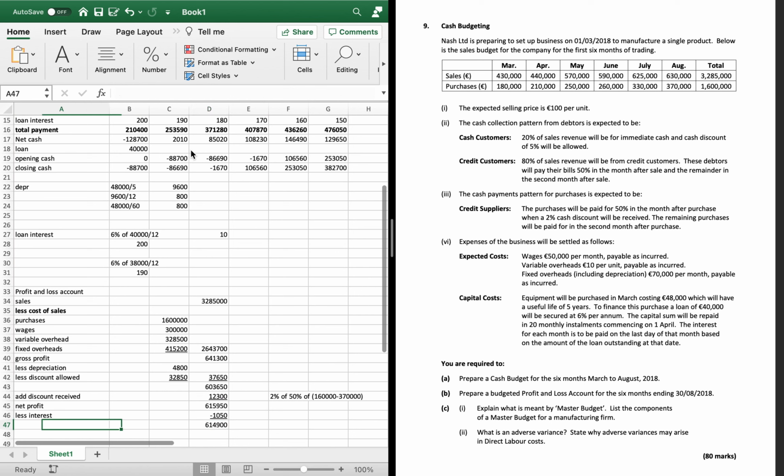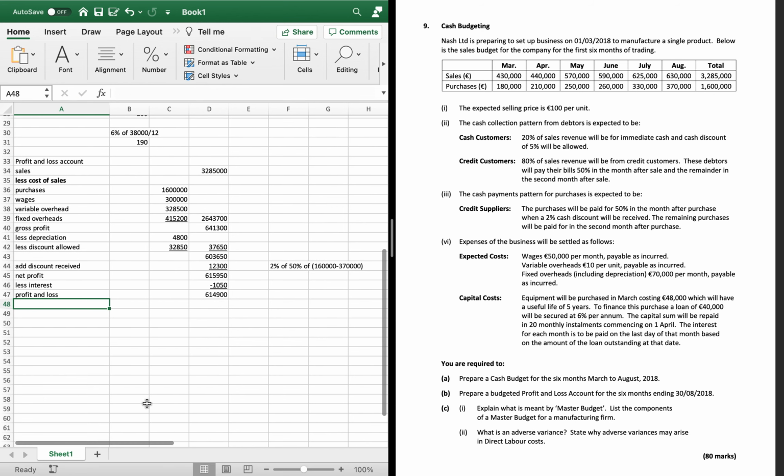And that gives you your profit and loss balance of 614,900, and that is correct.